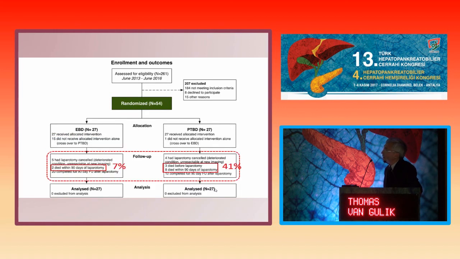But when you look at the results halfway, because that was halfway through the study, there was an appalling complication and mortality rate in those patients who had PTBD. 41%, 3 died before laparotomy. You never hear about those patients in reports about resection because they don't even reach the point of resection, whereas in the EBD group it was only 7%.